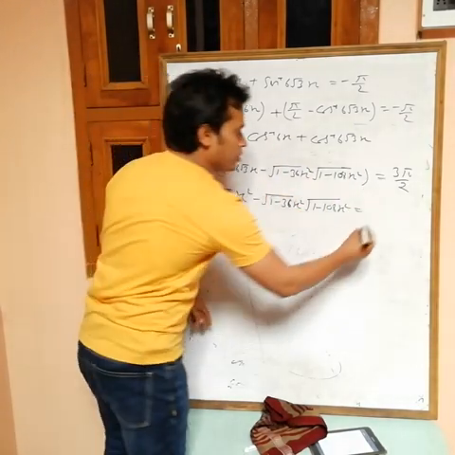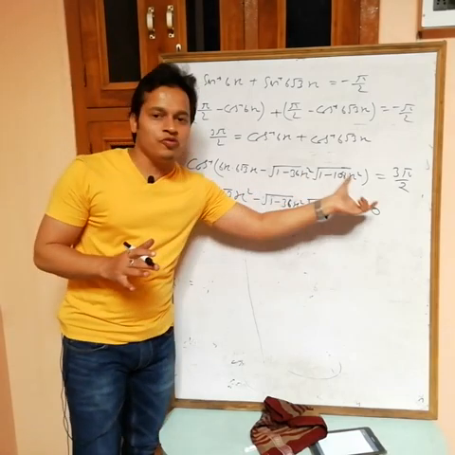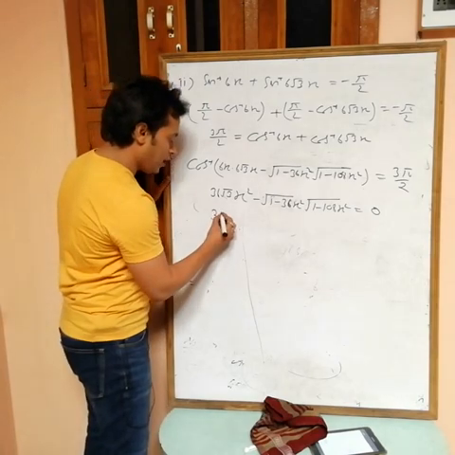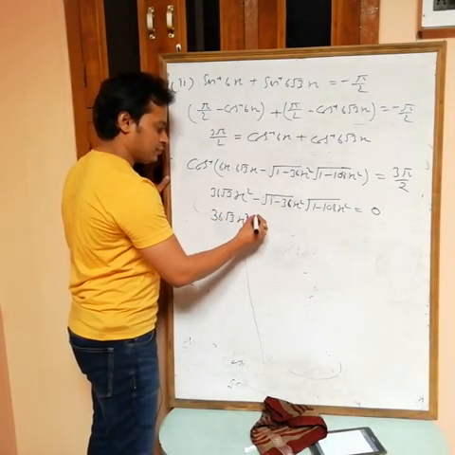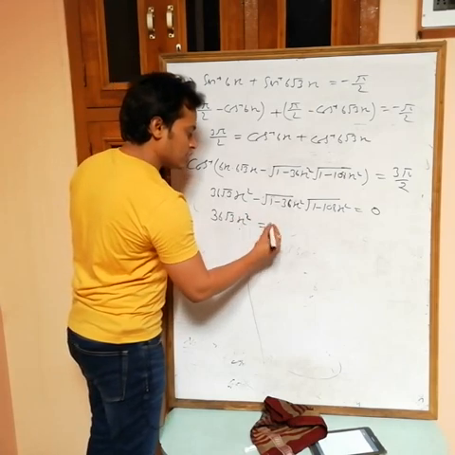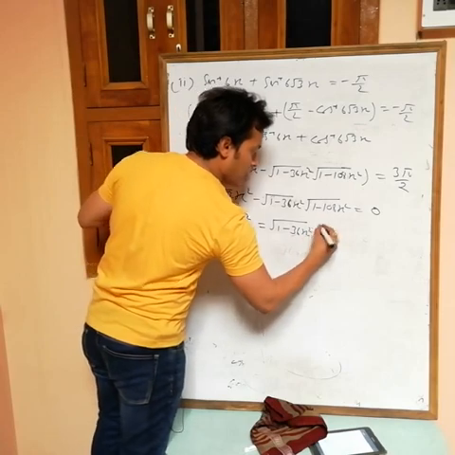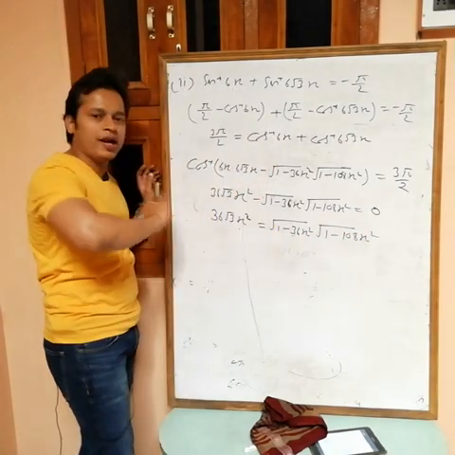Cos 3 pi by 2 is 0. Now easily I can write this root term on one side and take a square. So 36 root 3 x square, and on the other side root 1 minus 36 x square root 1 minus 108 x square. Now take a square and multiply.